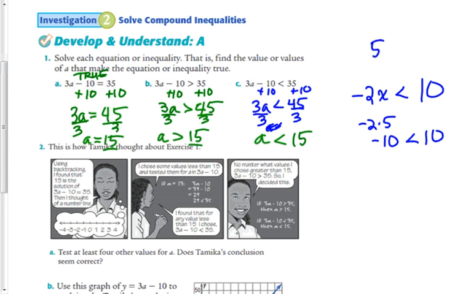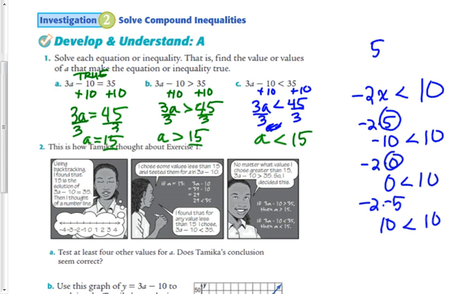A number like 0: negative 2 times 0 is 0, which is less than 10. How about negative 5? Negative 2 times negative 5 equals positive 10, and that is not less than 10. So this number does not work.